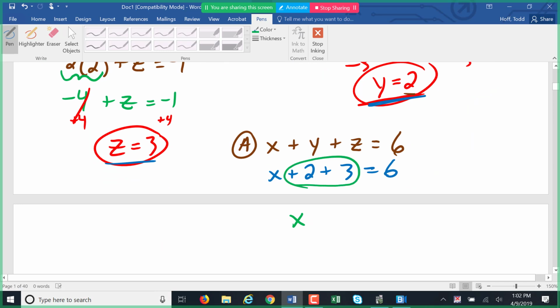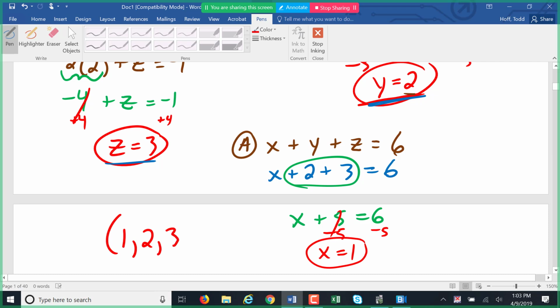Well, we add the 2 and the 3 to make 5. So x plus 5 equals 6. We subtract 5. X equals 1. So now we have x equals 1, y equals 2, z equals 3 is our ordered triple.